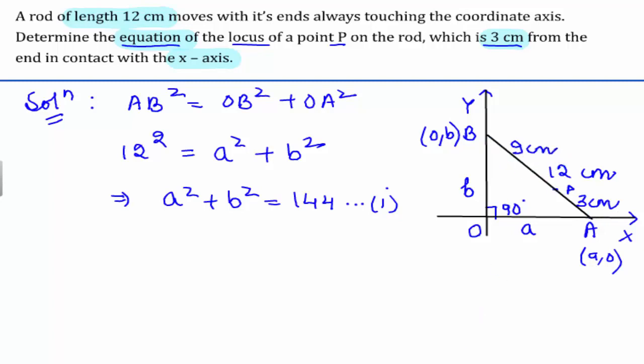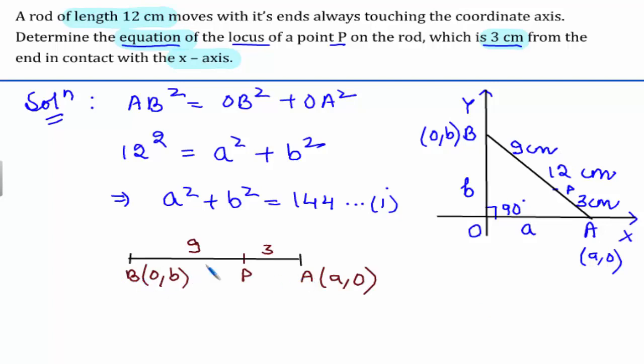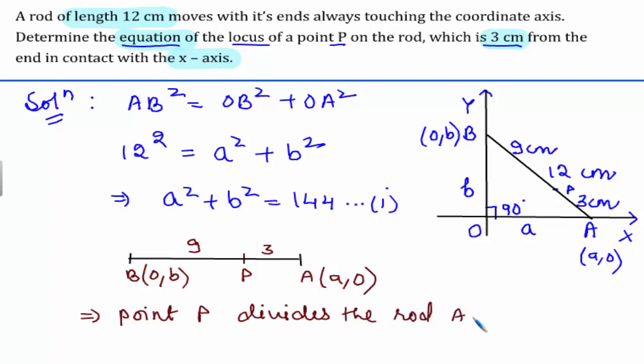So this is the rod AB such that AP is 3 centimeters and BP is 9 centimeters. So this implies that the point P divides the rod AB in the ratio of 3:9.